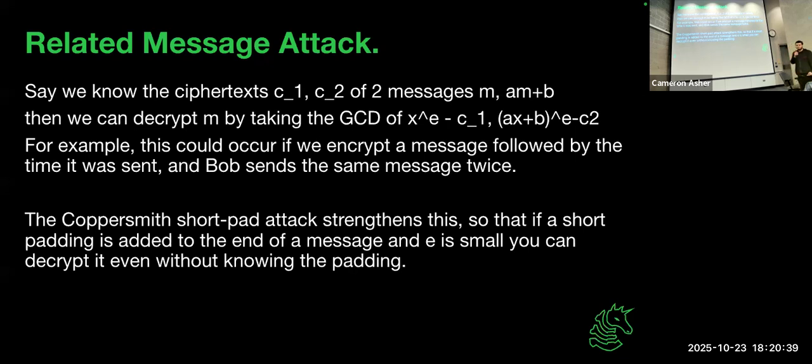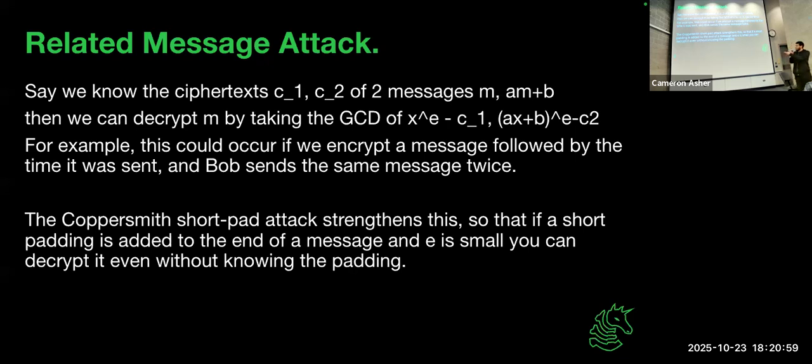And for example, if we send two messages and we know that the messages always have the time attached to the end, then if we know the difference between the times that they're sent, we can get the difference between what the messages will be. So that allows us to decrypt the message.